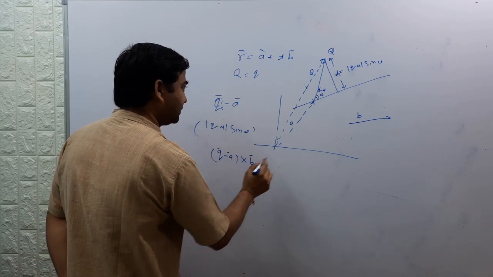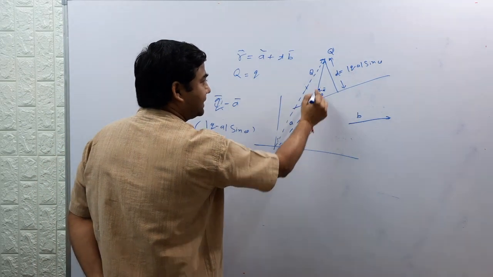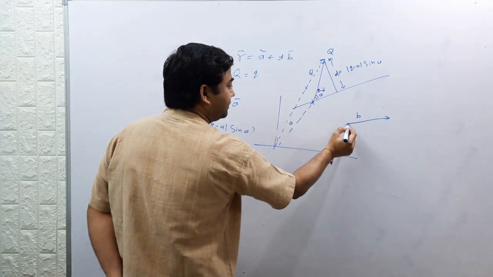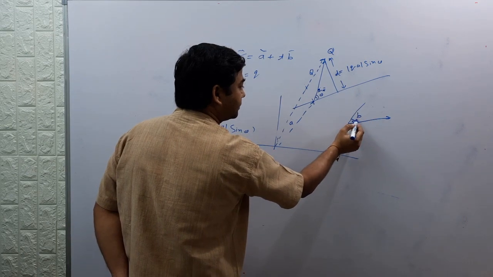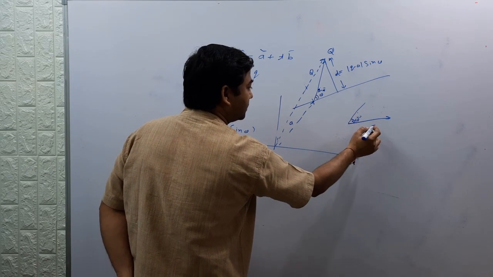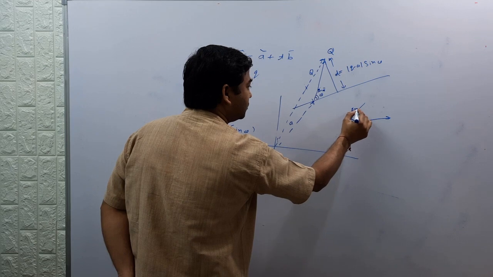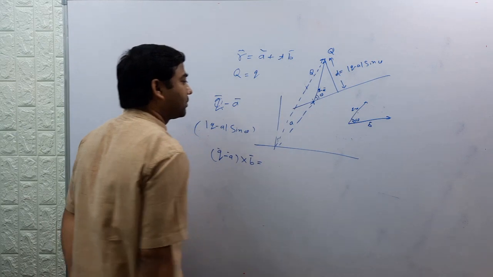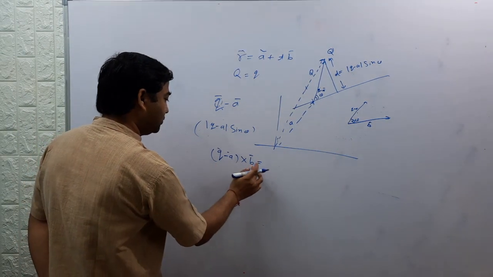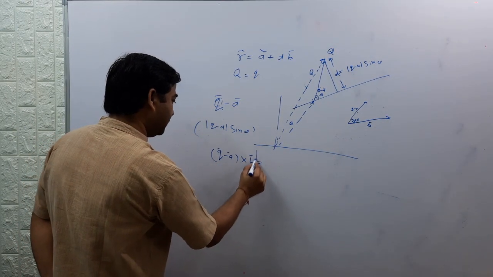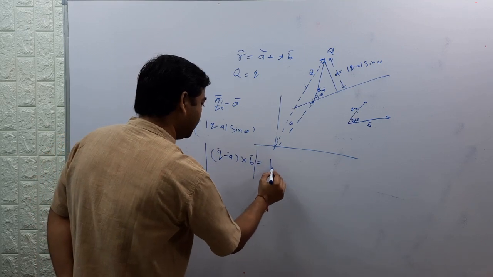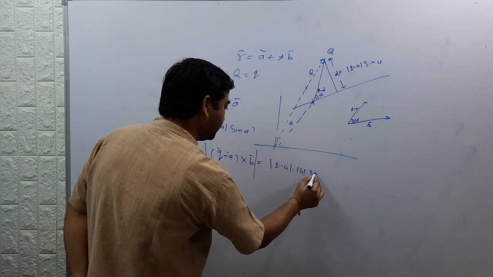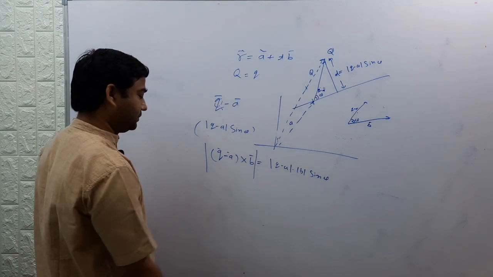The angle theta of vector q minus a with the line will be the same as with vector b also. This is theta and this is vector q minus a. So mod of (q minus a) cross b is equal to mod of (q minus a) mod of b into sin theta.